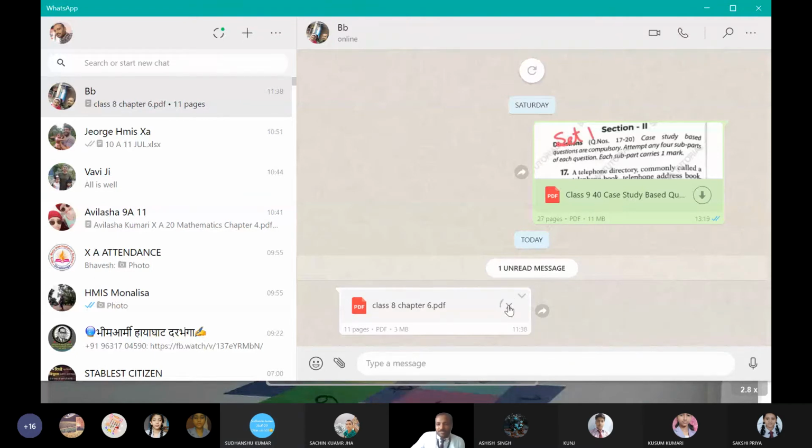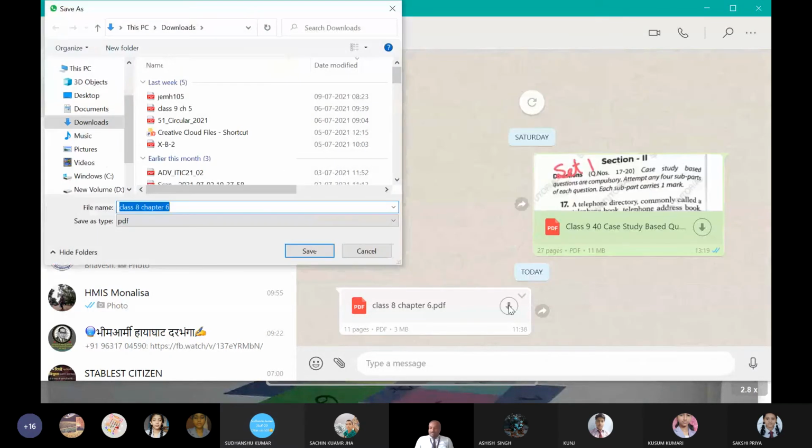Now as you can see, the class 8 chapter 6 PDF has expression. Algebraic expression is the same only. The definition: algebraic expressions are the combination of what?